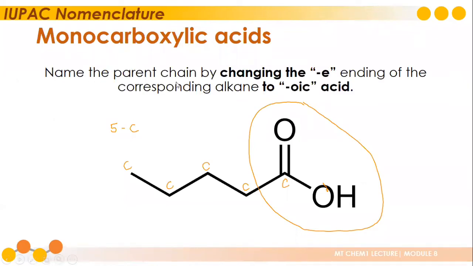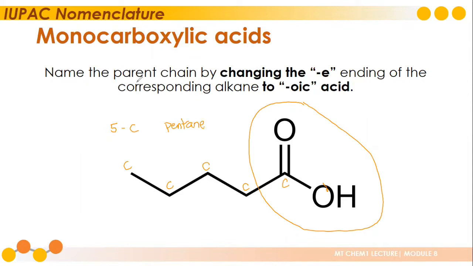For the next step, name the parent chain by changing the E ending of the corresponding alkane to oic acid. First, let's try to name this alkane. Since it has 5 carbons, this is now pentane.